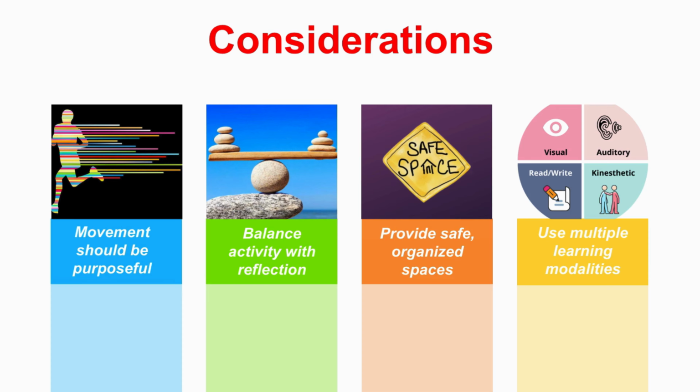No, we want to balance the activity, provide the opportunity for movement, and then come back with some type of reflection, okay? Provide safe, organized spaces. We're talking about movement, experiments, and projects. So you want to make sure that your learning environment is safe and ready for these new types of instructional approaches dealing with kinesthetic learners, right?